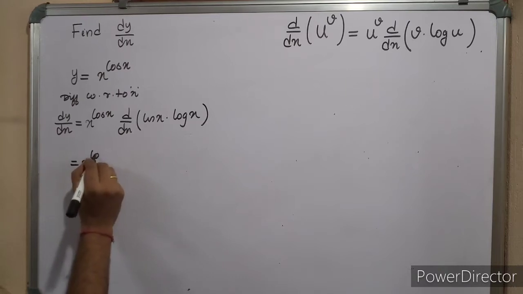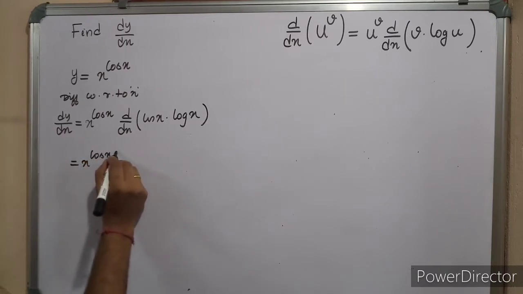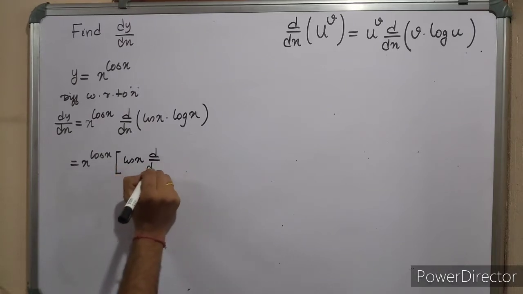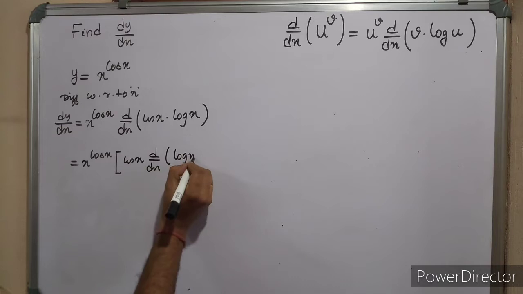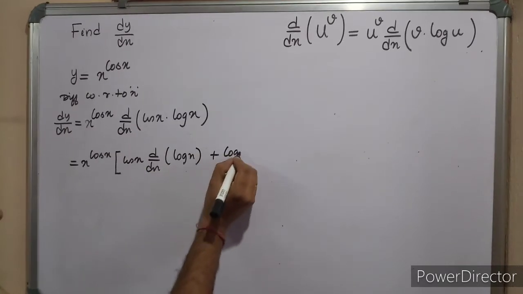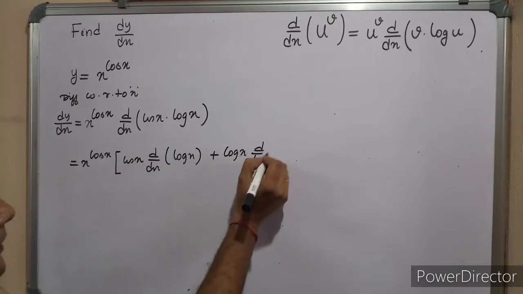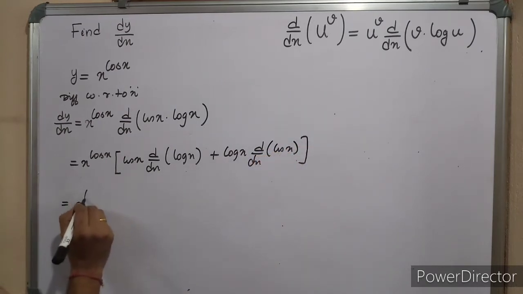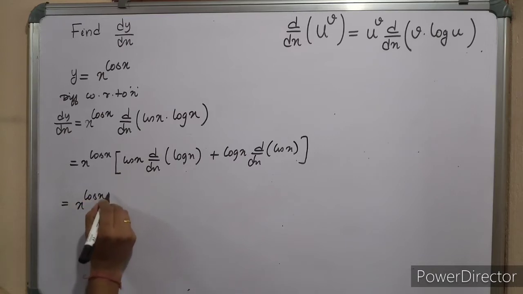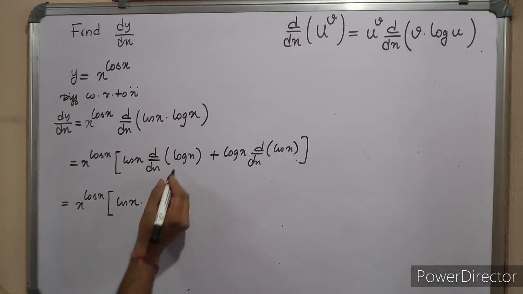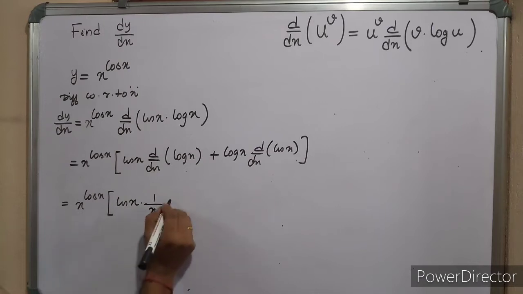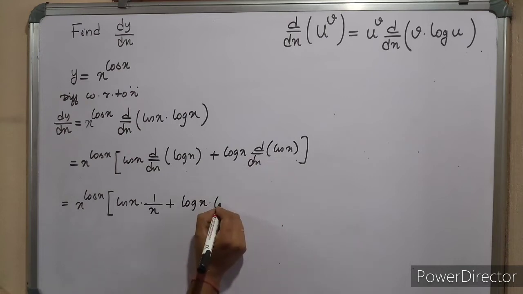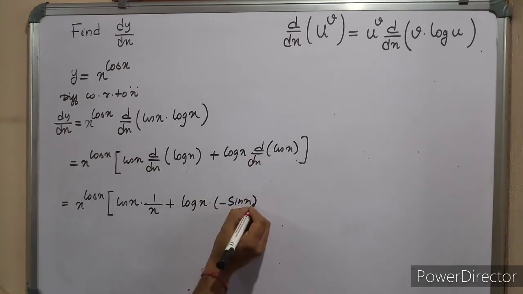Again, you have to apply the product formula, u into v form. It is first dy/dx of second plus second dy/dx of first. x to the power cos x into cos x, derivative of log x is 1 by x, plus log x into derivative of cos x is minus sin x.